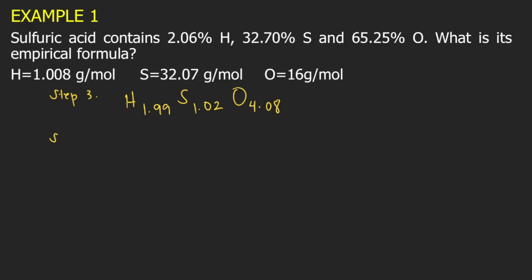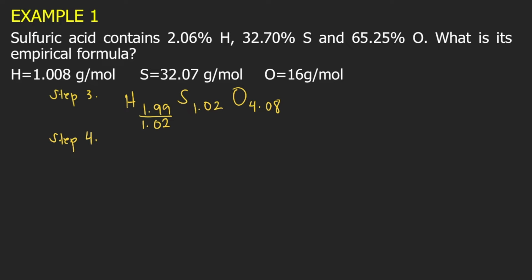For step number 4, if you can remember the steps, you choose the smallest subscript. Among the 3 subscripts, the smallest is 1.02. So you divide all the subscripts by the smallest one.